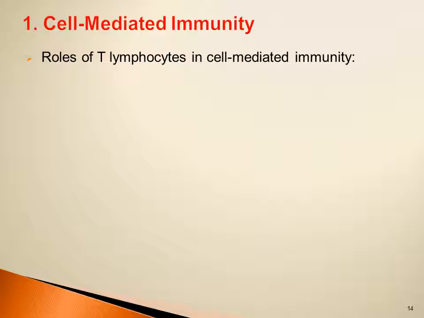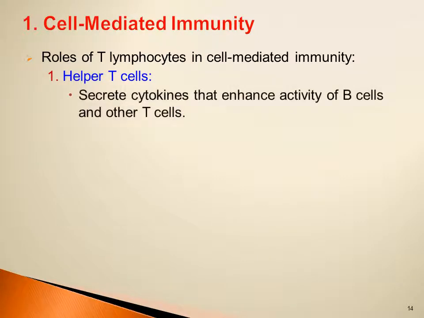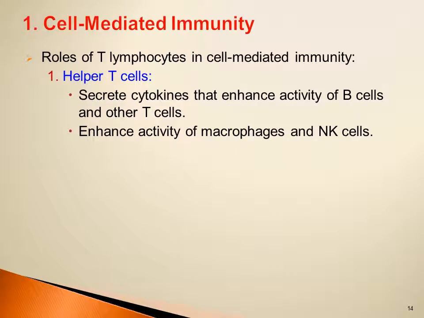In cell-mediated immunity, the T cells or T lymphocytes play a major role. So, the roles of T lymphocytes in cell-mediated immunity: we have the helper T cells. They secrete cytokines that enhance the activity of B cells and other T cells. Helper T cells also enhance the activity of macrophages and natural killer cells of the innate immune response.